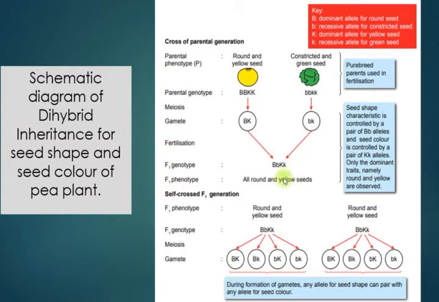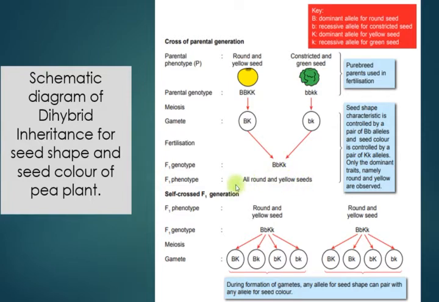All the F1 generation produced are the same, so all the genotype is big B, small b, big K, small k. And the phenotype for the F1 generation is all round and yellow seed.